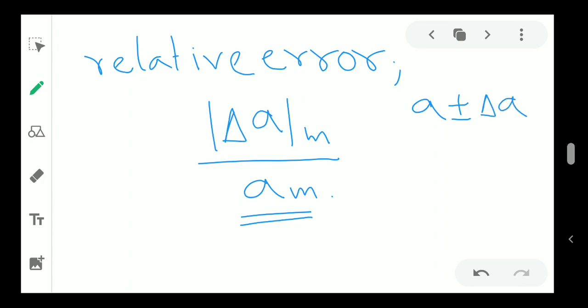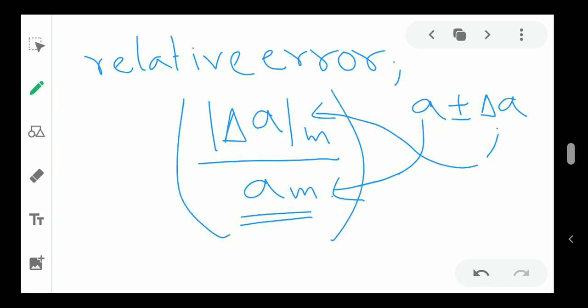I'm not using the subscript m because you must understand from now, if I don't write m, it means mean. So delta a will come here and a will go there, and this term will be called relative error. That means with respect to my original data, how much error I am getting; per unit of my original data, how much error I am getting.